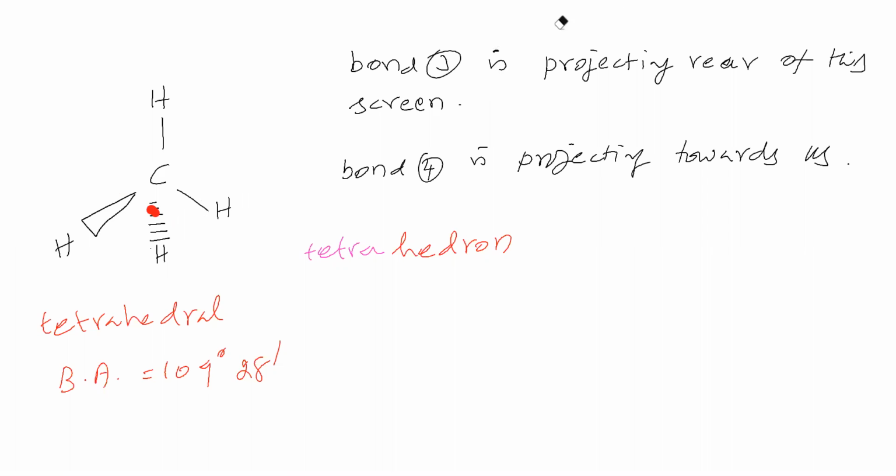Like this, this is 109 degrees 28 minutes. So all the neighboring bonds are separated by what angle? 109 degrees 28 minutes. Okay, so if the central atom has 4 bonds, then we can say tetrahedral.